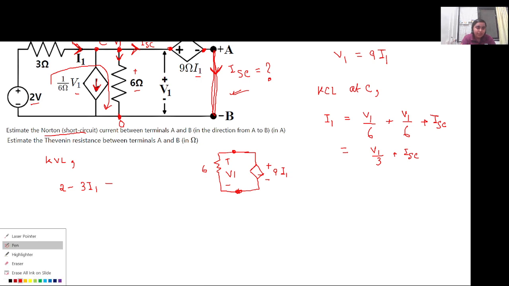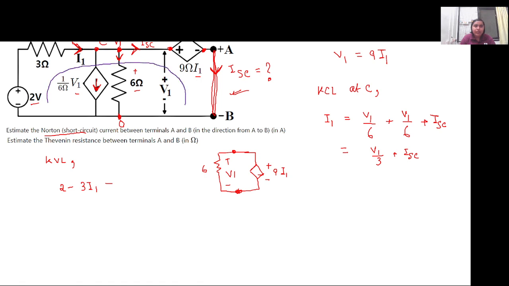Since ISC is also present, instead of applying KVL at this particular loop, we will apply KVL in this loop, so that we will have an equation with only I1. See, if we apply KVL through the 6 ohm resistor, we might end up having V1. So let us apply KVL in this bigger loop to just get an equation in only I1.